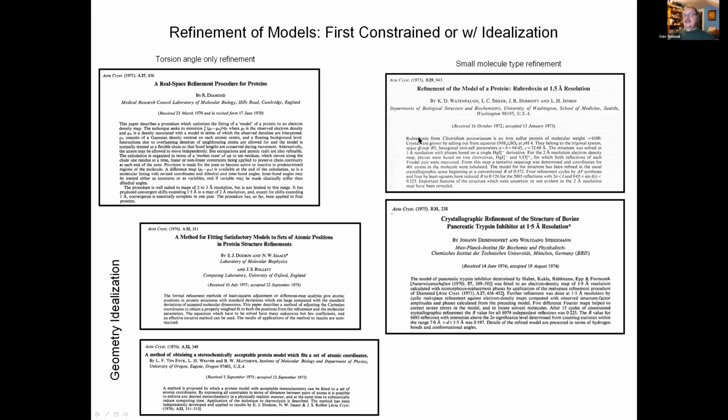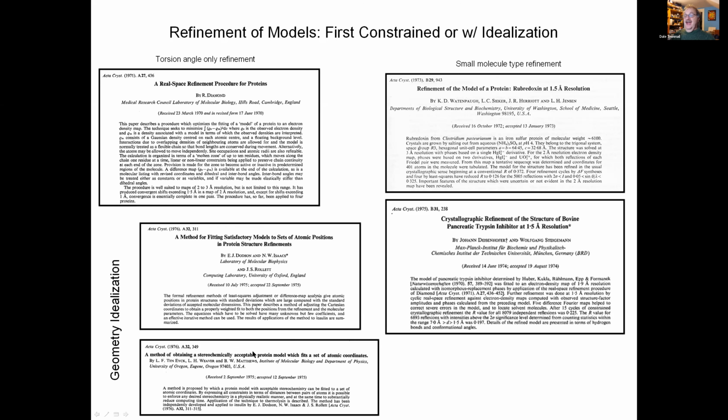But what was learned is, since you have to allow geometry to vary, they needed procedures to idealize the geometry and take a model and make the bond lengths and bond angles more like what you see in small molecule structures. And I have two representative papers down here. These are 1976.